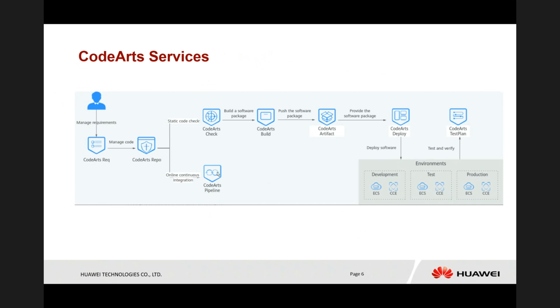You can also see there's a CodeArts Pipeline, which you can make use of to do continuous delivery, automated CI/CD. Lastly, we have CodeArts Test Plan, where you can plan all your test cases.